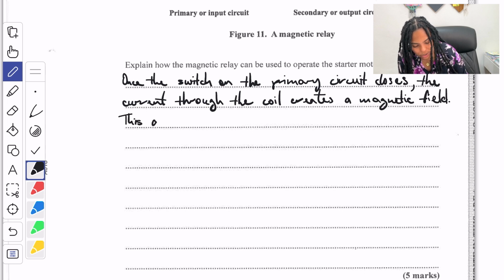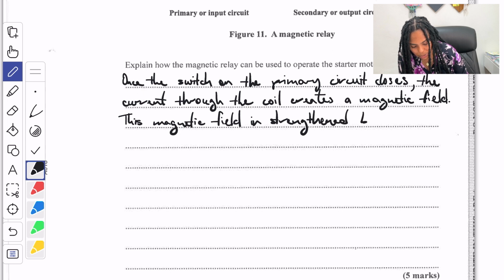This magnetic field is strengthened by the soft iron core.